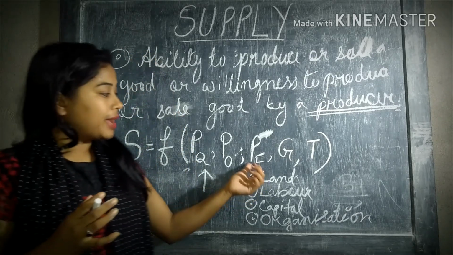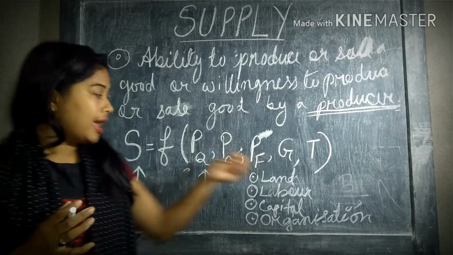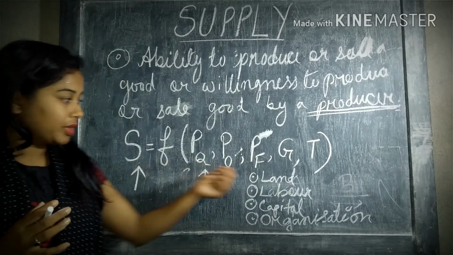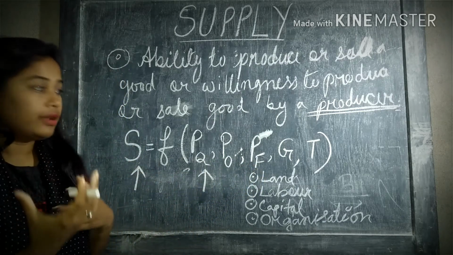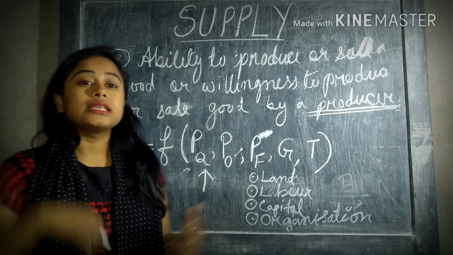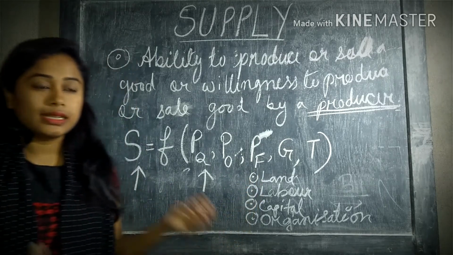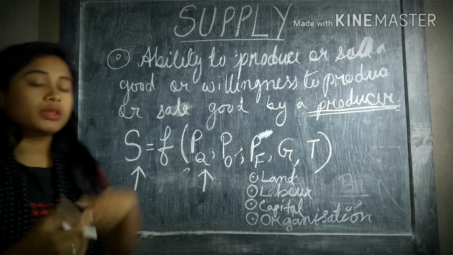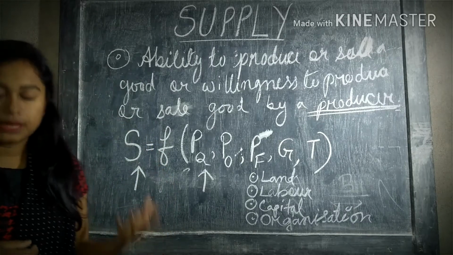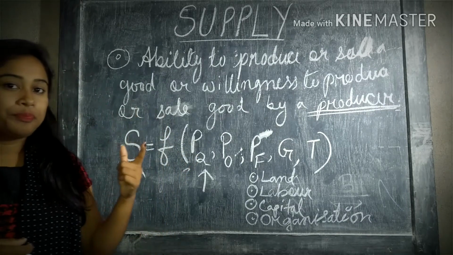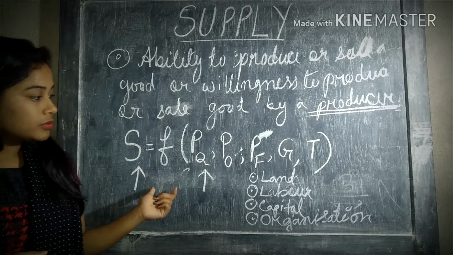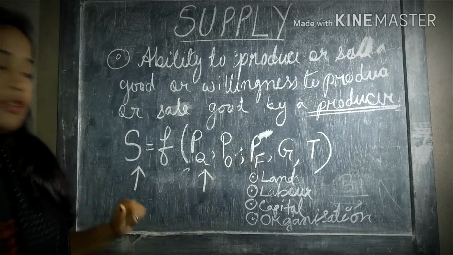So the price of the factor and the supply of commodity also have a direct relationship. That means if the price of the factors increases, then the supplier will increase the price of his commodity. Okay, so this is about the price of factors.